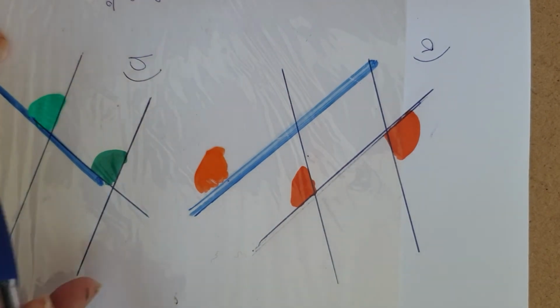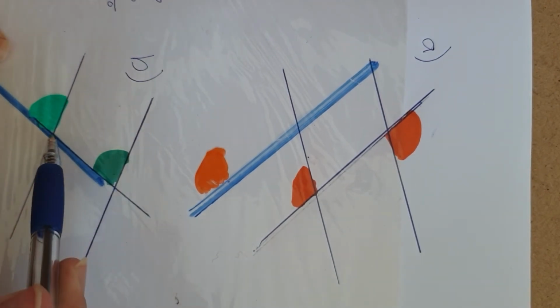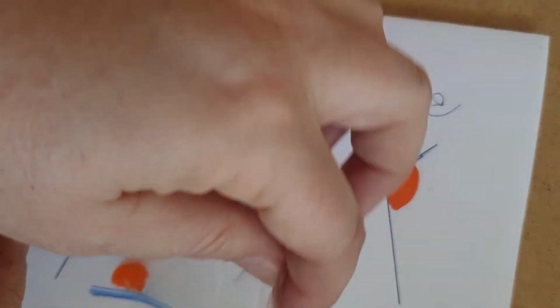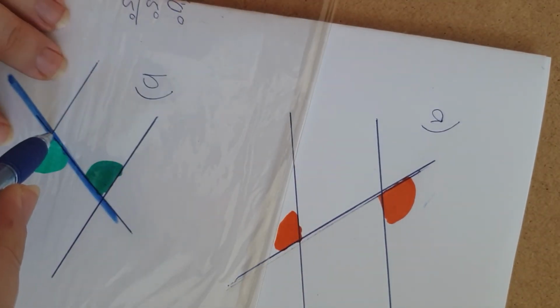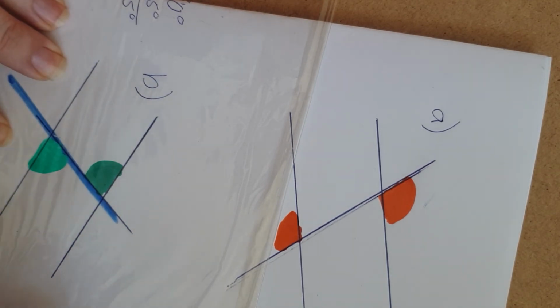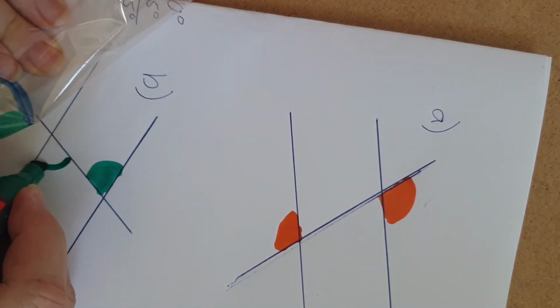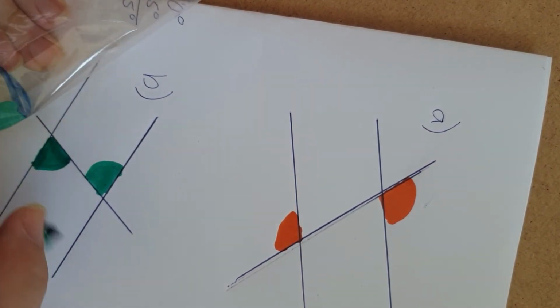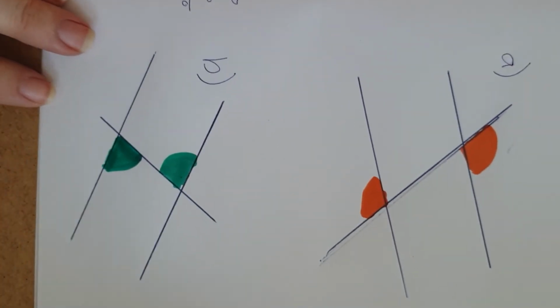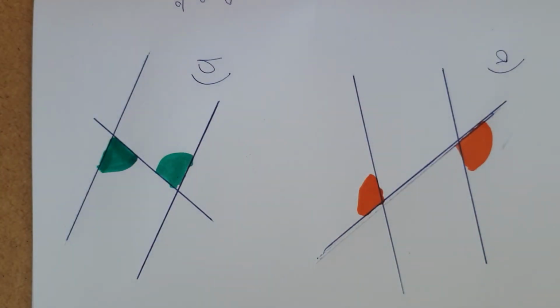When it gets to the point of intersection where the 2 lines cross over, I'm going to give it a twist, and there it is. So it's that angle there. Okay, so both of your diagrams should look something like this now.